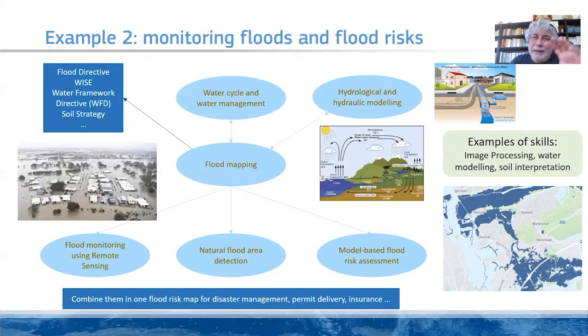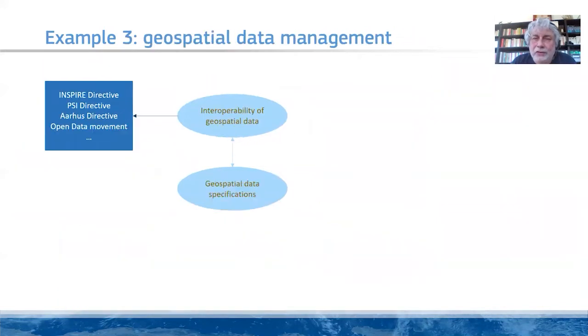So that's more an example from the application side, which can also be defined in the BoK in different levels and different interconnected concepts. And the third one is more on data management, which is quite important in general for Copernicus, for spatial data infrastructures, where the focus of the concept could be on geospatial data specifications.